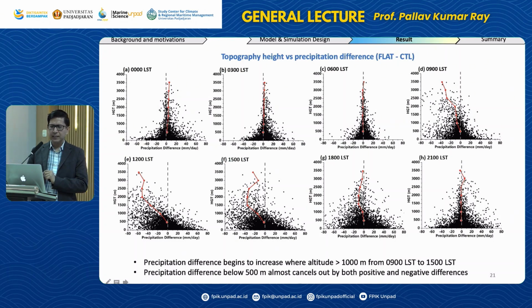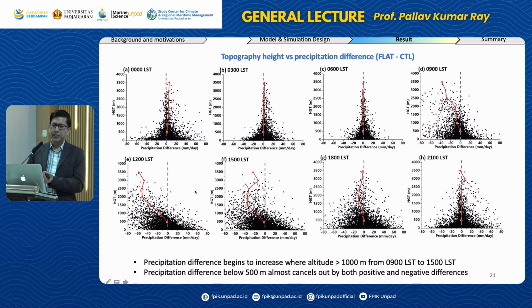If you just concentrate on the red lines, at 12 a.m. what you notice is that there's very little difference between those two simulations, meaning that topography doesn't really have much influence at that time, because these red lines are all close to 0. Now, as you move further, about 9 a.m., you can see that the red line is mostly in the negative, meaning that if you remove topography, your precipitation will reduce at that time.